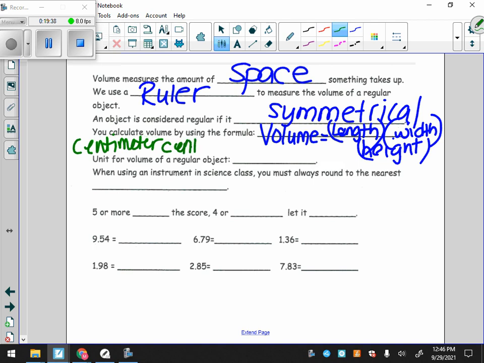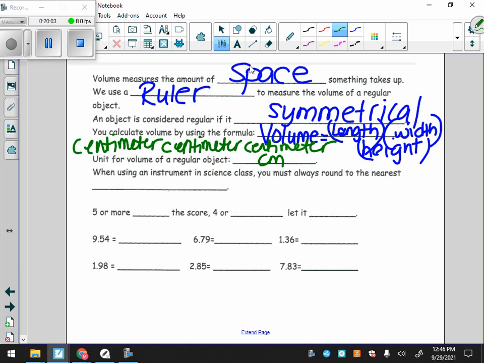Don't write it. It's too much writing. Height. Guess what? Can't there be a shortcut? Oh, but if I just write CM, what am I telling you? You're telling me that I measured in centimeters, length or width or height.